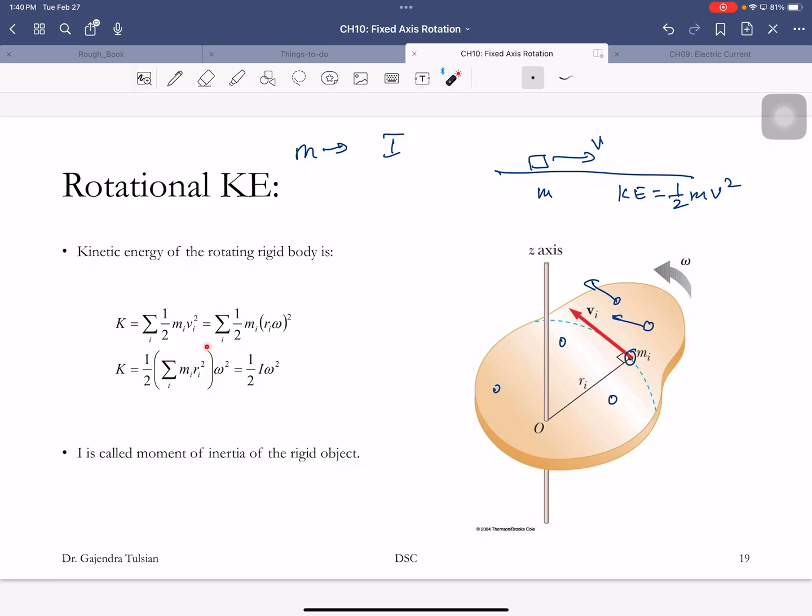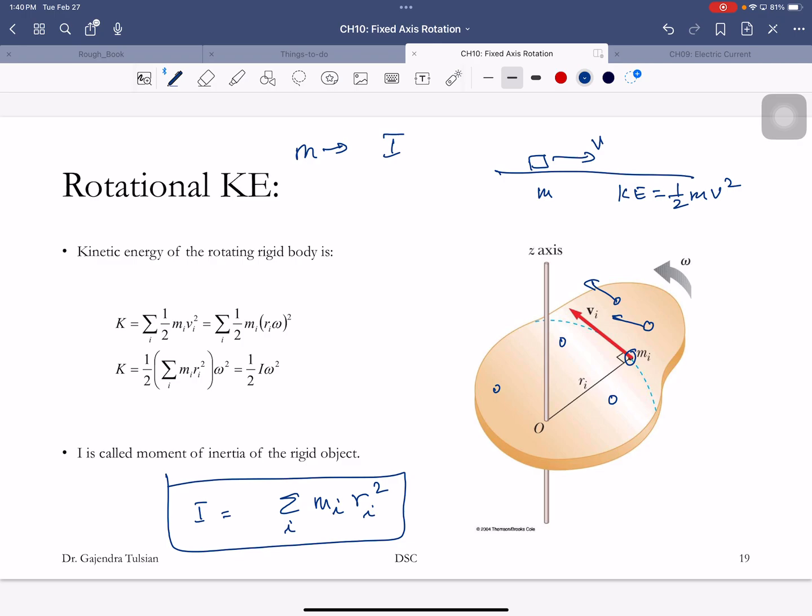And we'll call this the moment of inertia. So the moment of inertia is given by each mass times how far that piece is from the axis of rotation. Okay. Each piece times the distance squared.